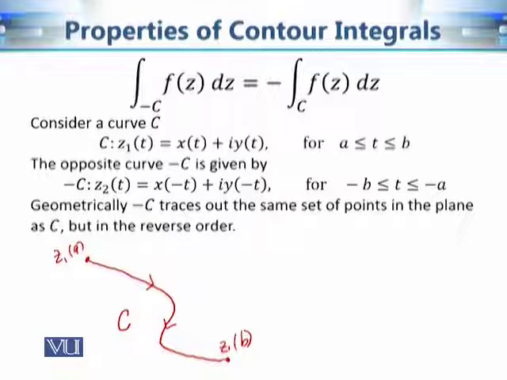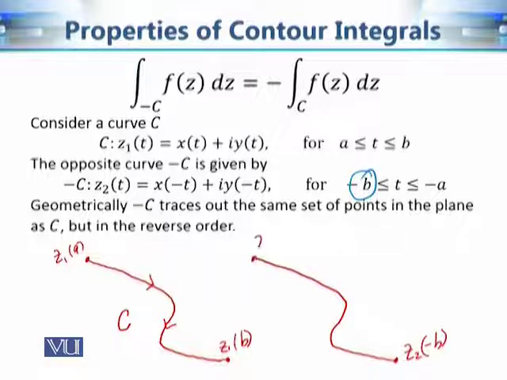The first point of the parameterization is obtained when we put t equal to minus b, which is z2 of minus b, and the final point is z2 of minus a, and the direction of motion is opposite to C.